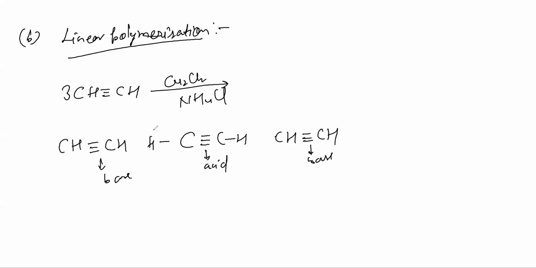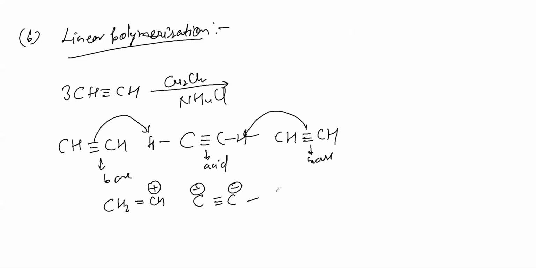Now, what does the base do? Base pulls H plus. So once it does so, you will get this. Similarly, this also does the same. I'm saying it does not happen exactly in this manner, but you can remember it like this very easily.